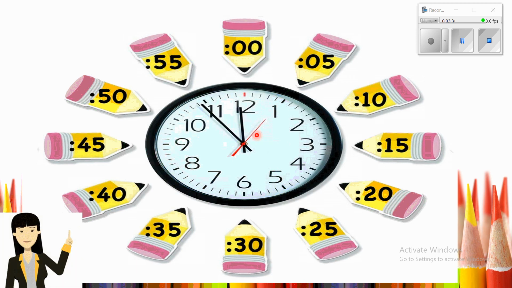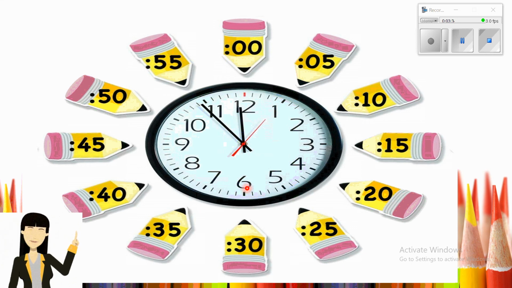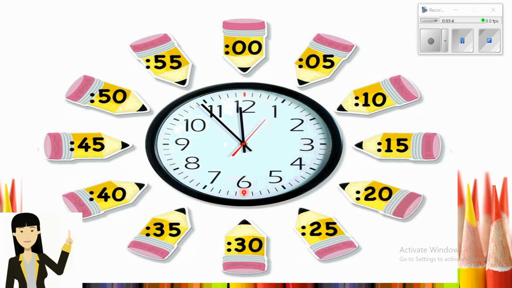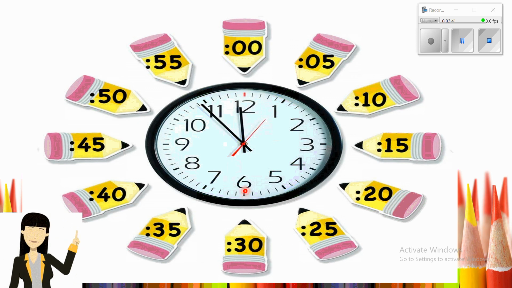Now, you remember the last friend, which is number 6. How many minutes for number 6? 30. Perfect. And number 6 is also what? Half. Amazing. So 6 is half past, 6 is 30.